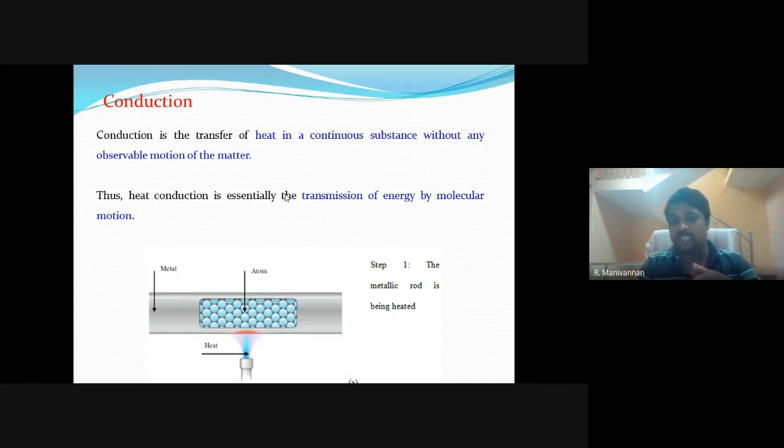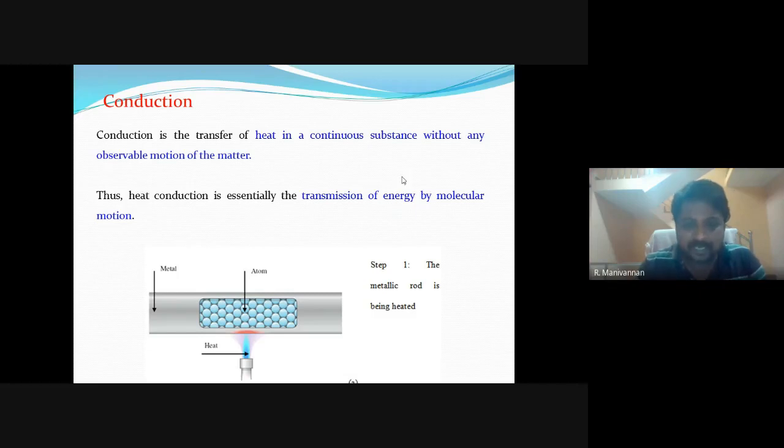How does it get transmitted? Whenever you supply the heat energy, molecules take the energy and start vibrating, and due to the vibration it transfers the energy to the subsequent molecules, and from there it gets transferred to the subsequent molecules. The energy is getting transferred in this way. I have shown a schematic here.